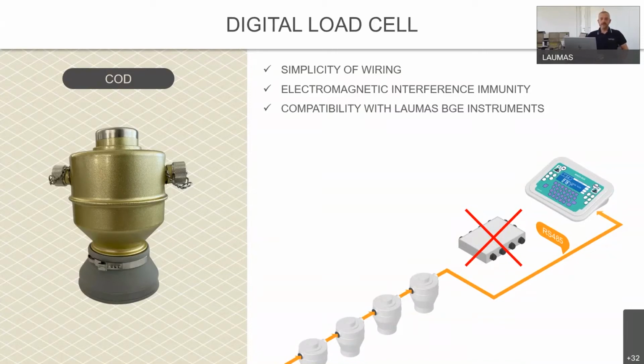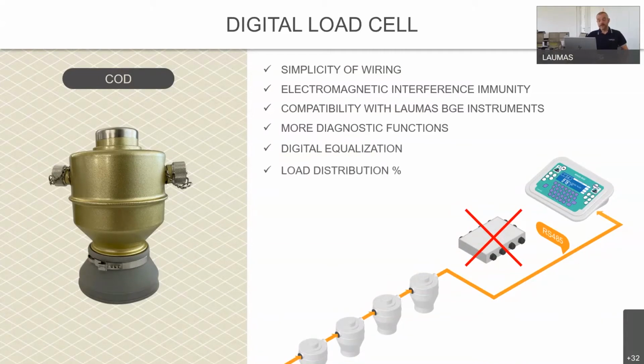So we can say that the customers are chained to you in case they need spare parts or assistance. Last but not least, the COD load cells grant advanced diagnostic functions, as for example the detection of damages, the digital equalization, and the visualization of the load distribution in percentage on the BGE weight indicator connected to it.